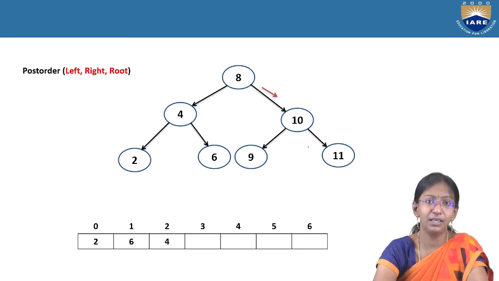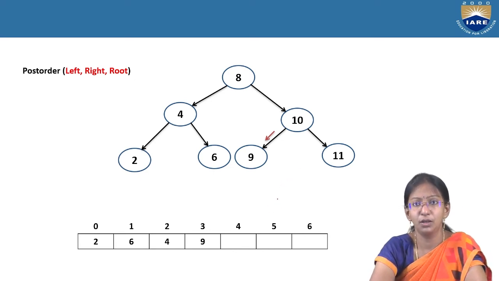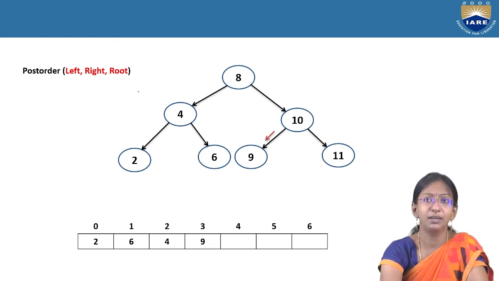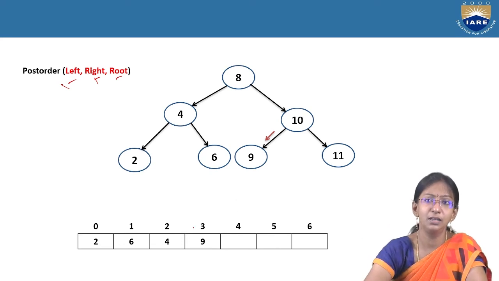Is 10 having any left child? Yes, 9. 9 is the left child of 10. Is it having any left child further? No. Any right child? No. So as neither left nor right is there, go with the root. What is the value present in the root? 9. Kindly store it.